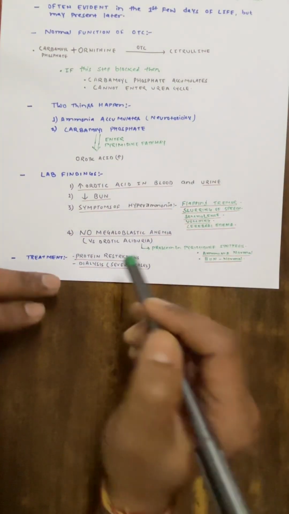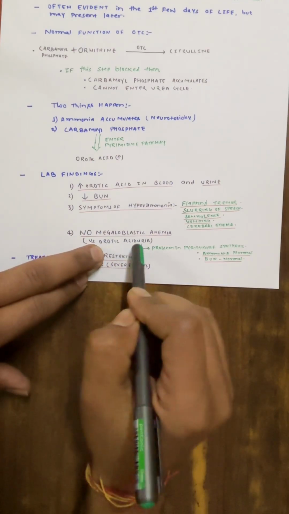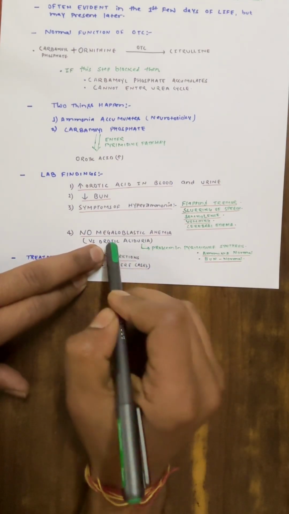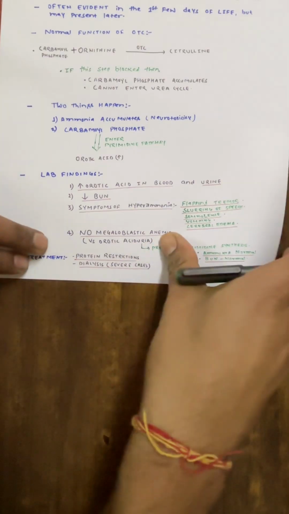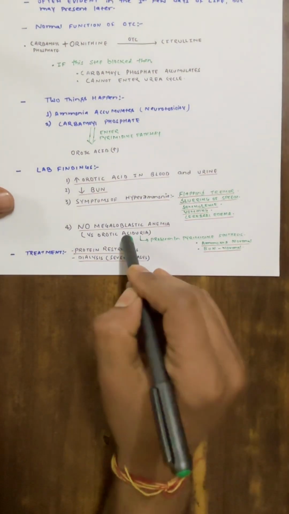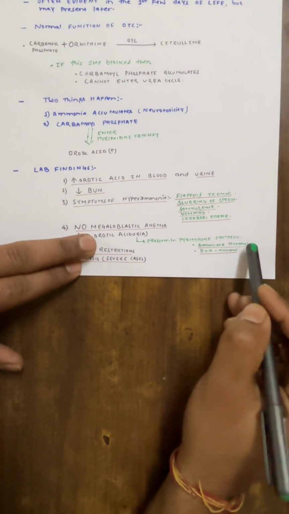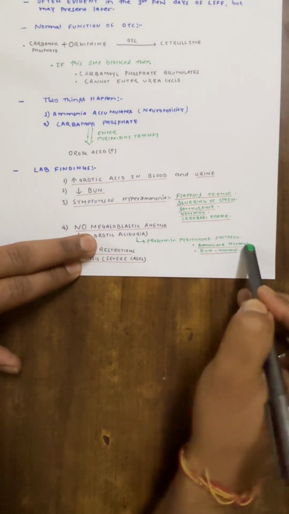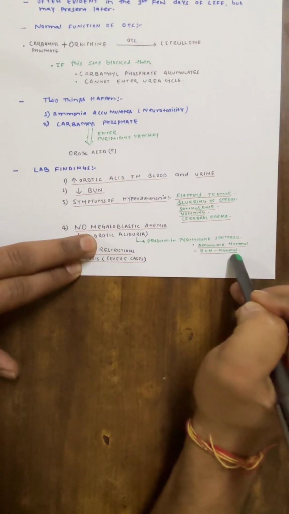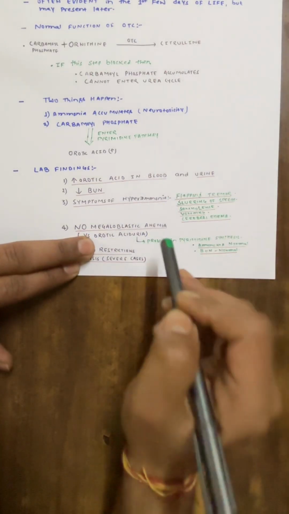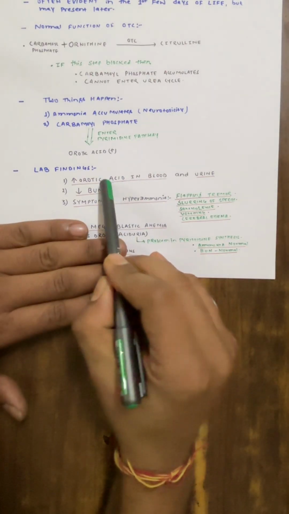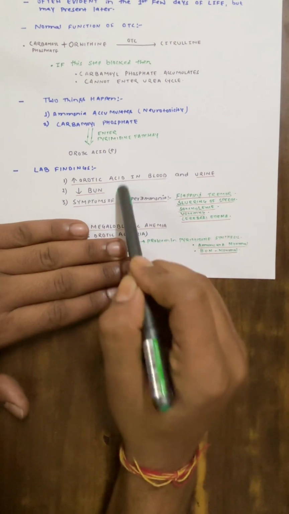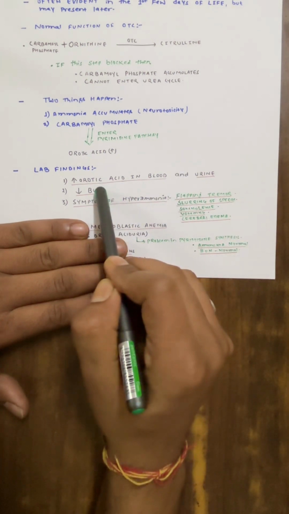We most often get confused with one disease, orotic aciduria. Orotic aciduria and ornithine transcarbamylase deficiency are actually different. In orotic aciduria, the level of ammonia is normal and blood urea nitrogen is normal. But in ornithine transcarbamylase deficiency, there will be an increased ammonia level, hyperammonemia, and blood urea nitrogen is low.